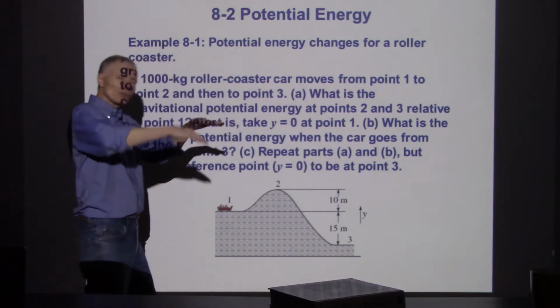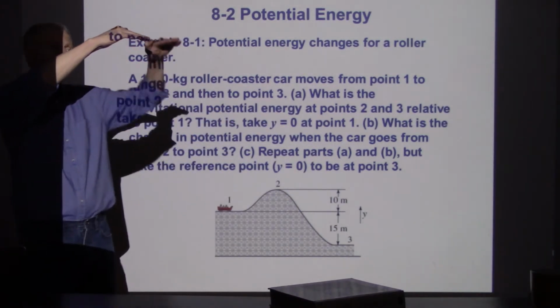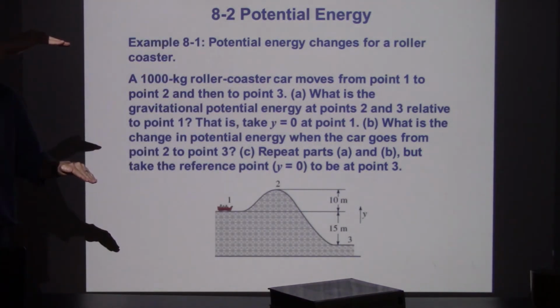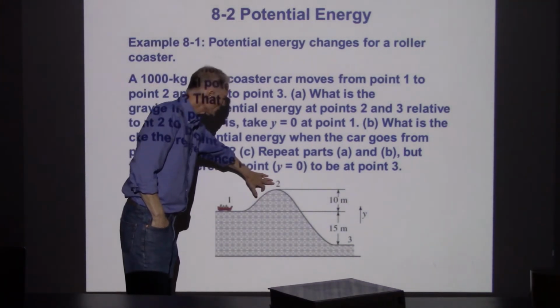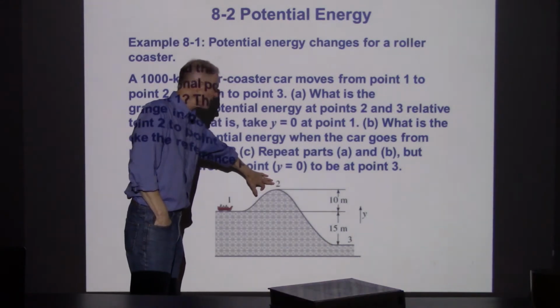Well, the potential energy's gone up, and that means the kinetic energy will have dropped. So at point 2, we'll have more potential energy, but not so much kinetic energy.